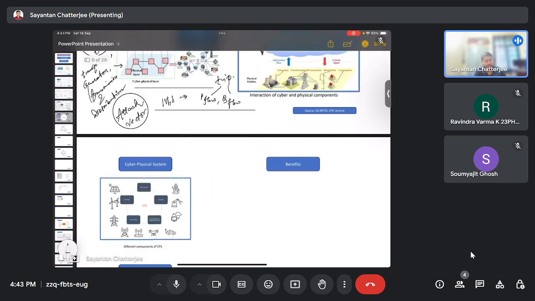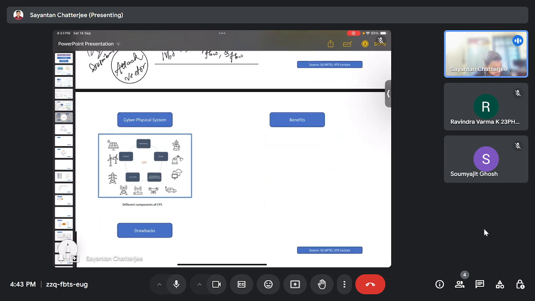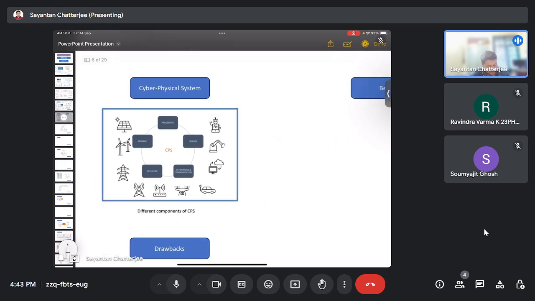So based on this, we have different components here, which are a part of the cyber physical systems, and that can be more prone to attacks. Here we have the inverter nodes, storage systems, processing central equipments, the plant actuators, all these things. If you can manipulate them, there are types of attacks, that is false data injection attacks.